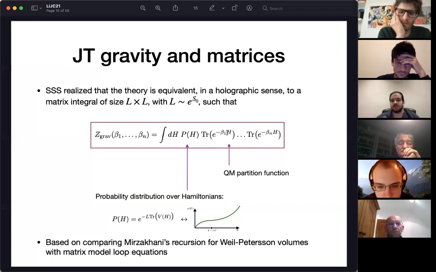So you have asymptotically AdS2, we expect some theory to live on the boundary, it should be quantum mechanics. And the surprising feature is that it's not a single quantum mechanical system, but it's an average over them.